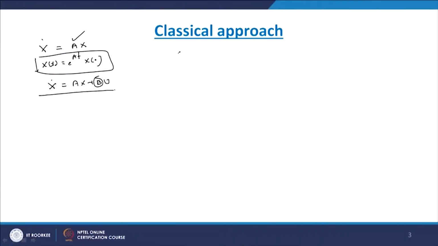So this forced system can be written as x dot of t equal to a x of t plus b into u of t, where x of 0 equal to x0. Now how will you proceed further, because finally we want x of t.